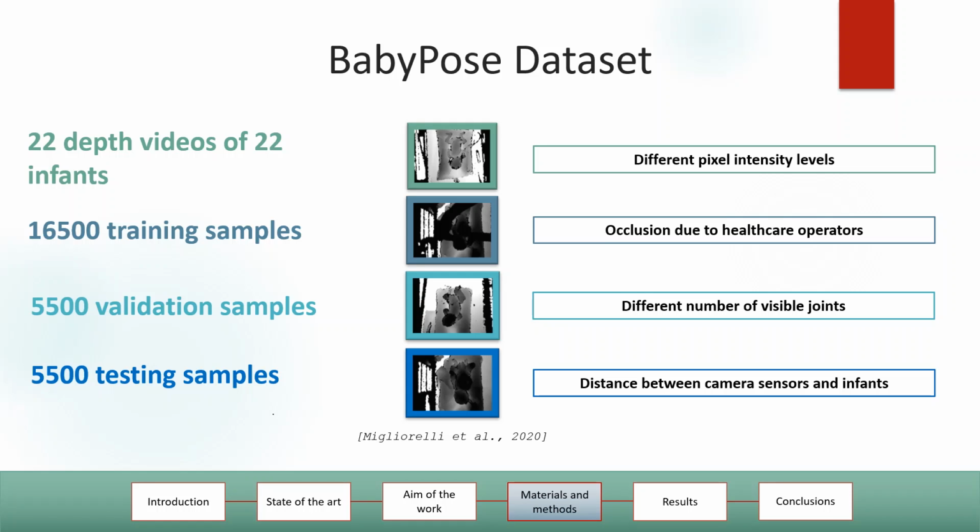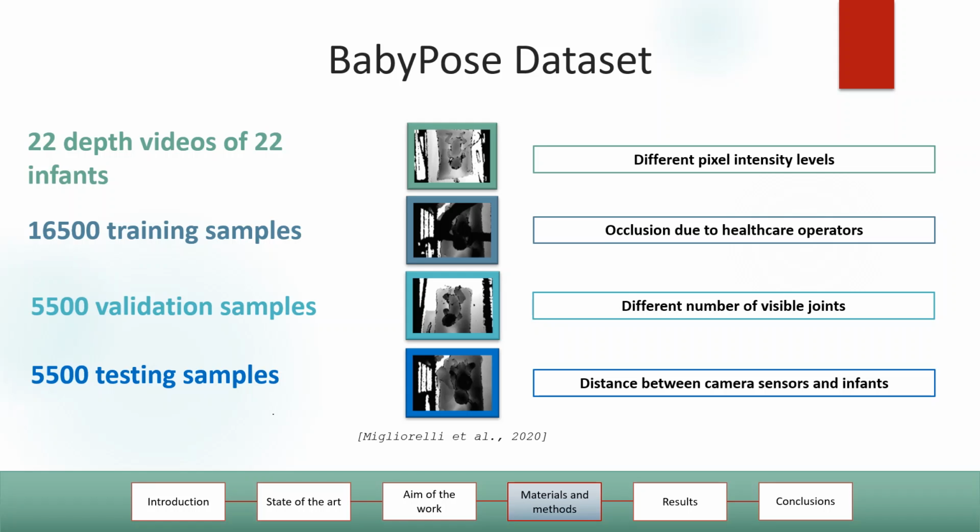The dataset used is BabyPose. It is an open-source dataset developed in the VRAI department. The videos were acquired in the neonatal intensive care unit of the Salesi Hospital in Ancona. BabyPose consists of 22 depth videos of 22 preterm infants who were spontaneously breathing.